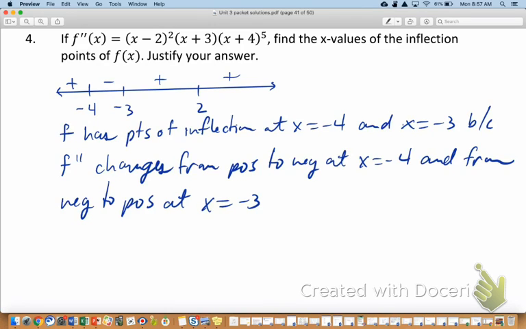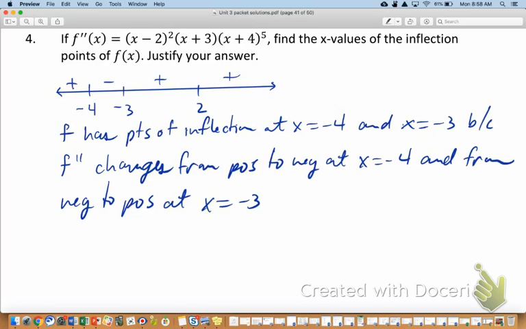And then I just used multiplicity from there on out. You could test out each individual interval yourself. I just used multiplicity to get there. We can discuss if you want. So then I got f double prime changing signs only at -4 and -3.